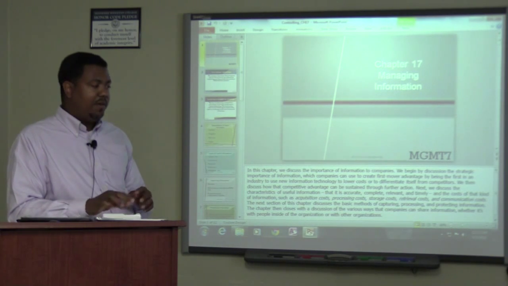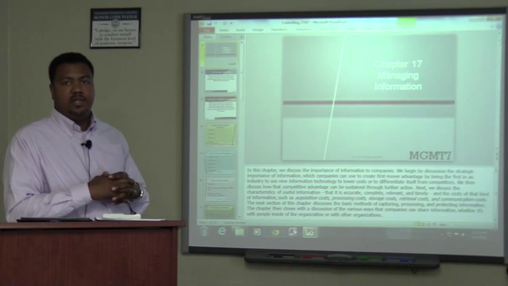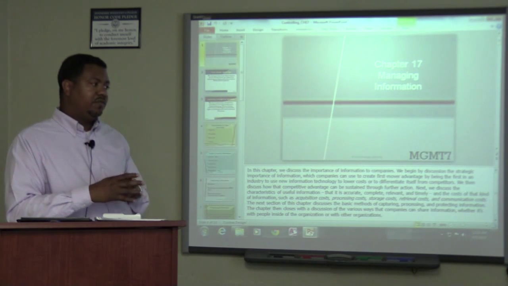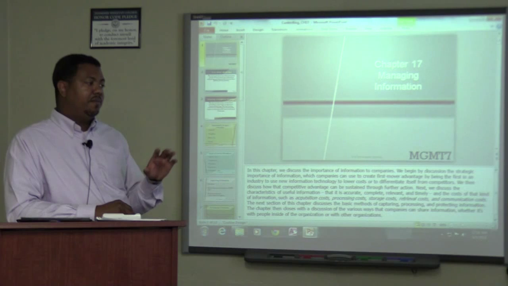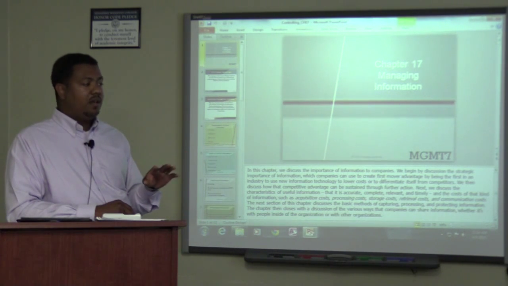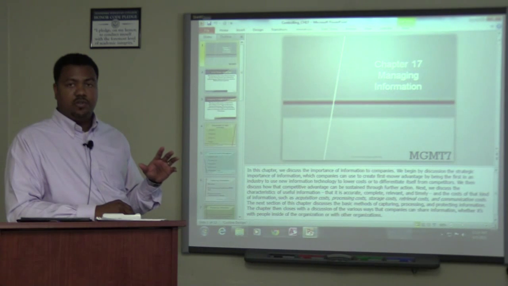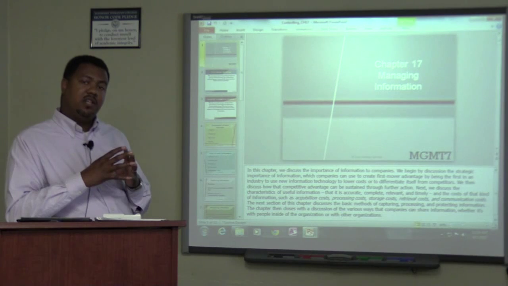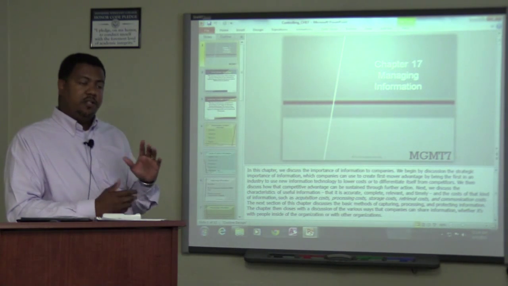Thus far, we have gone through the different chapters within the textbook and talked about the importance of management functions: managing information, leading organizations, motivating individuals, and also planning, and how businesses can best identify these management functions to achieve organizational goals.